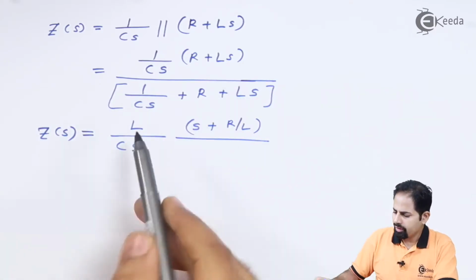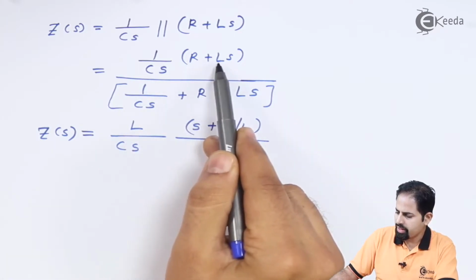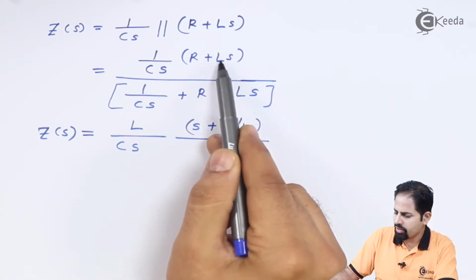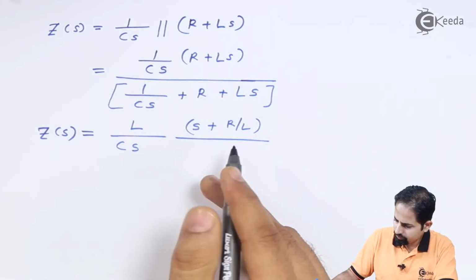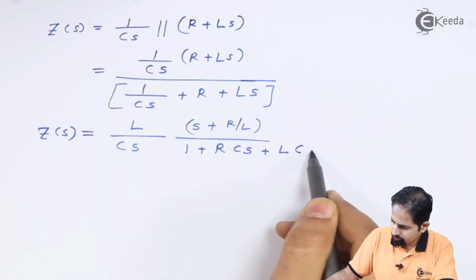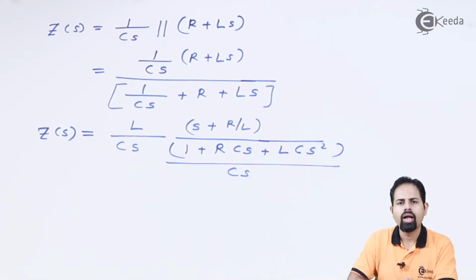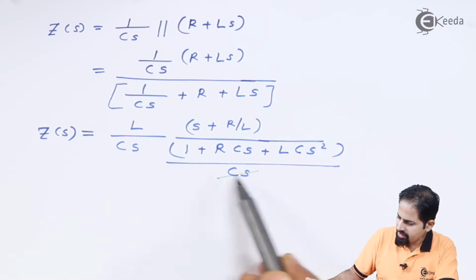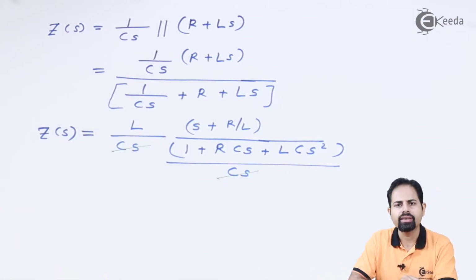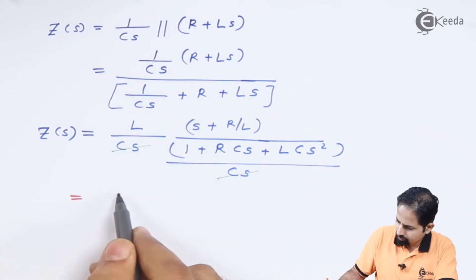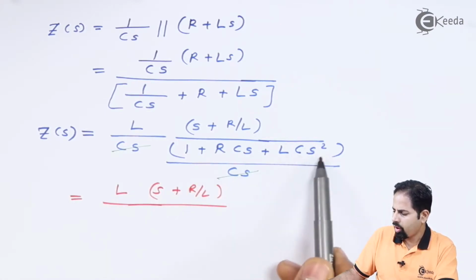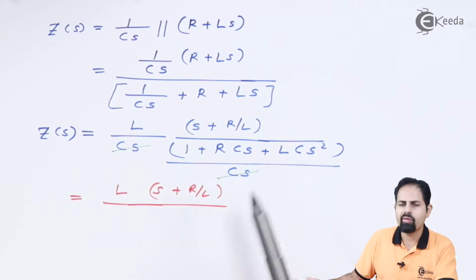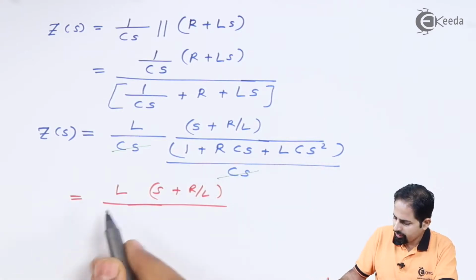Here I have taken L common from this S plus R because I want to make the coefficient of s as 1. So L is taken common. And here I have just cross multiplied the denominator, and this CS and this CS will get cancelled. Now in the denominator, in order to make the coefficient of s square as 1, we will take LC common.